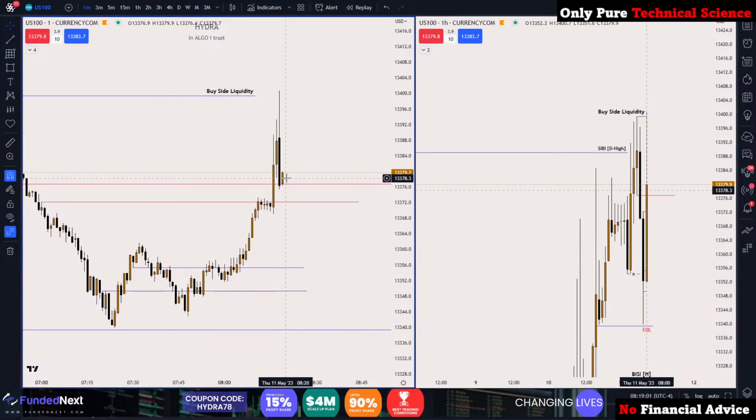Okay, I want to see price going below this fair value gap, this hourly fair value gap.